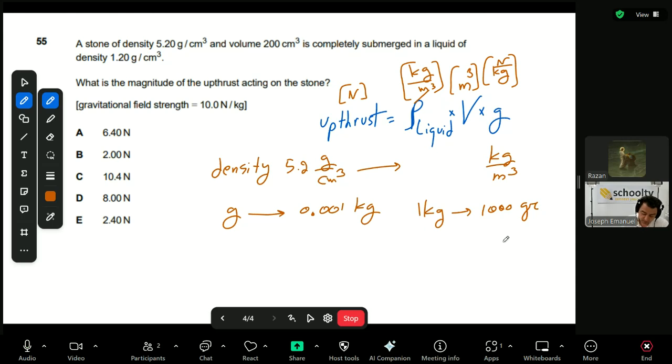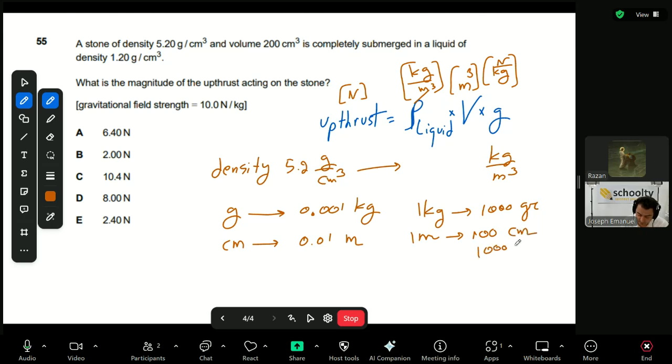I always get confused by a centimeter, because a millimeter is one from 1,000, while a centimeter is one from 100 of a meter, because 1 meter is 100 centimeters.